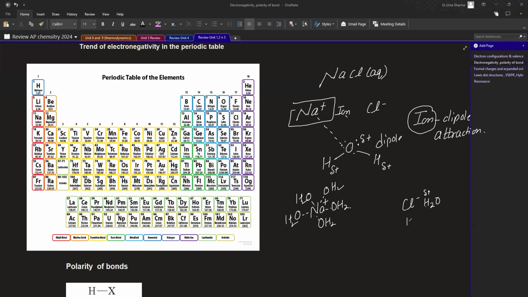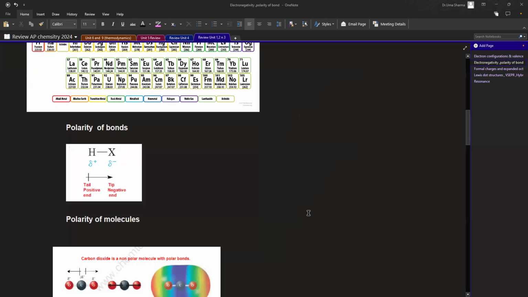So Cl minus will be surrounded like this, with hydrogen in the direction of Cl minus. If somebody asks you what this attraction is, you are going to say ion dipole attraction. So please write this down. This is important.